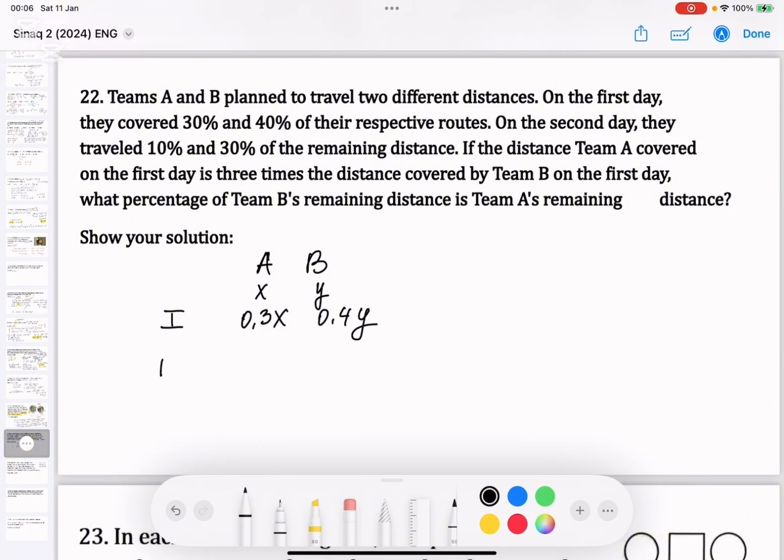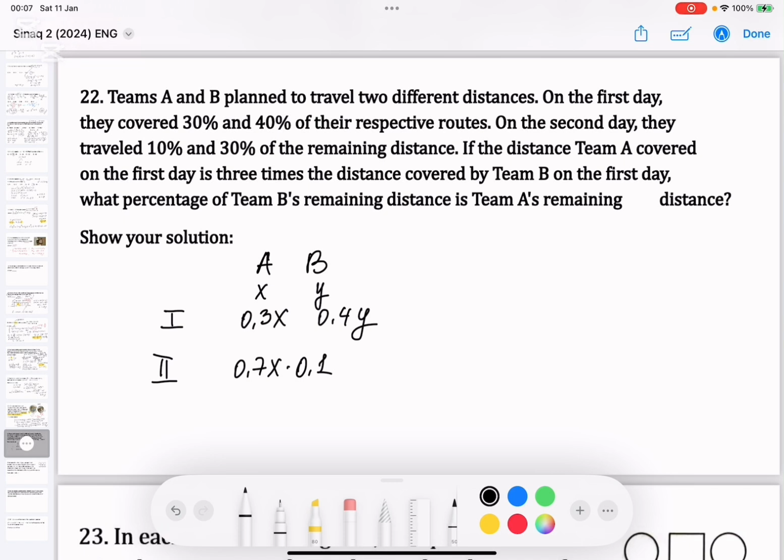On the second day, they traveled 10% and 30% of their remaining distances. If they traveled 0.3x, the remaining distance would be 0.7x, and for 10% of it we just multiply by 0.1. While the second team traveled 30% of their remaining distance.